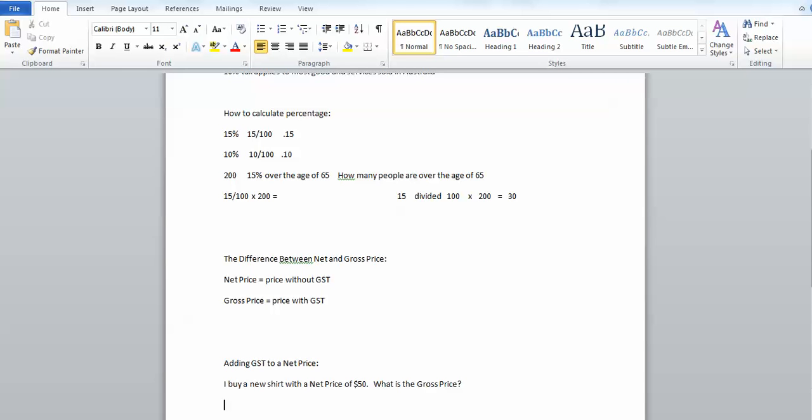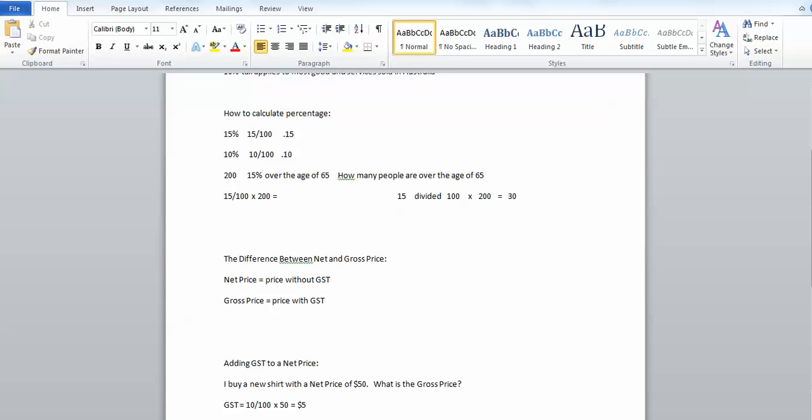We said that the GST is always at a rate of 10%. So to calculate our GST, it's 10 divided by 100 multiplied by 50. And as we do that sum on our calculator, 10 divided by 100 is 0.1 multiplied by 50. It's going to equal $5.